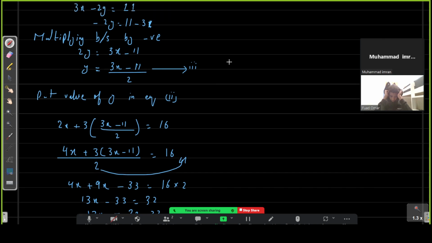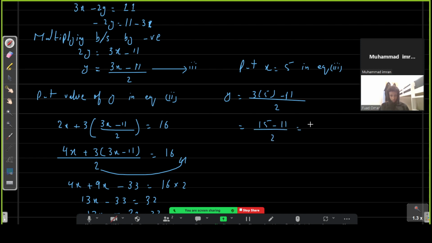So I put x is equal to 5 in equation 3. So y is equal to 3 times 5 minus 11 whole divided by 2. 3 fives are 15, minus 11, whole divided by 2, which is 4 divided by 2, equal to 2. So y will be equal to 2.